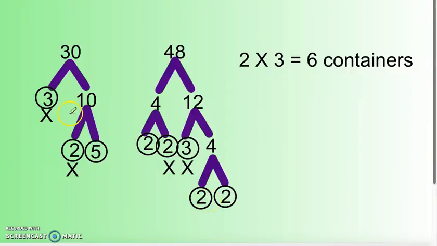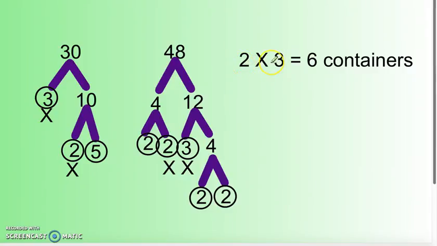And so I notice right away that they both share a 3 and they both share a 2. This one only has a 5 left, and I notice that the 5 is not a factor of 48. And so I can't cross that off. And so the only two numbers I have is 3 and 2.